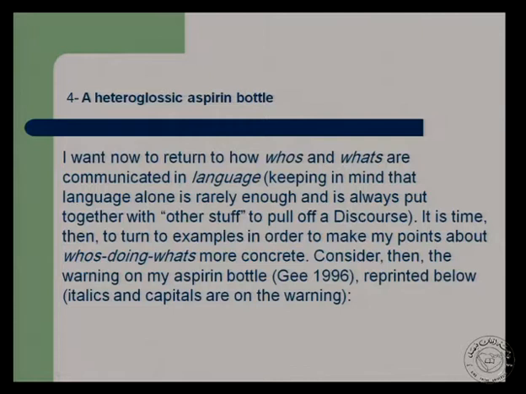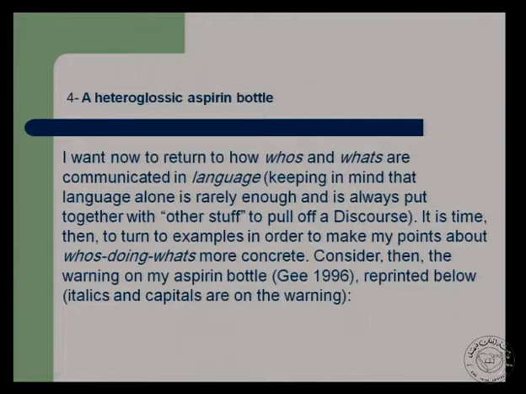Now, in the aspirin bottle, the companies who made that aspirin bottle wrote some warnings. If you want to work in the field of discourse analysis, that warning is to be analyzed depending on the words used and why these words are used in that warning.